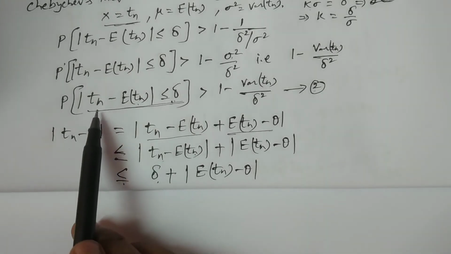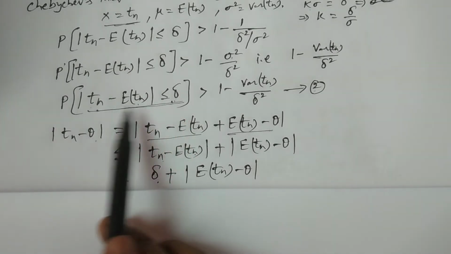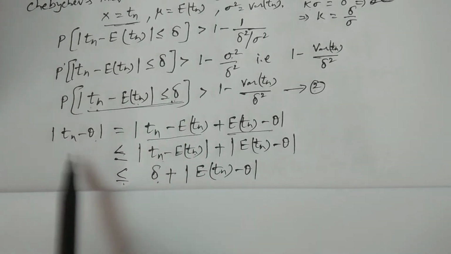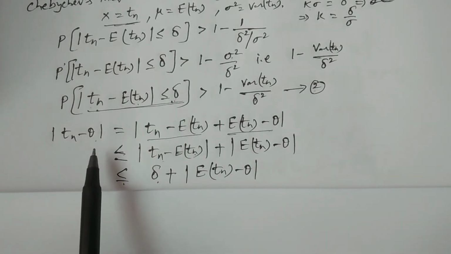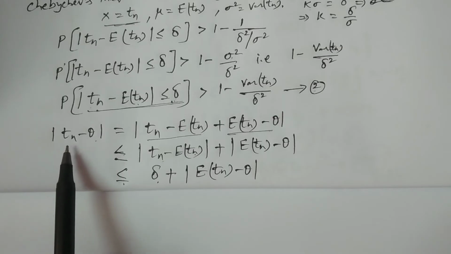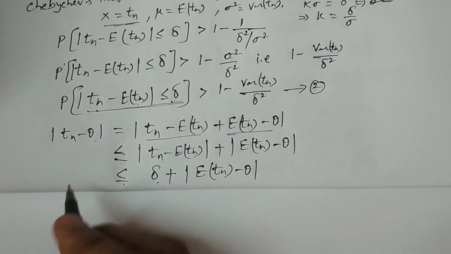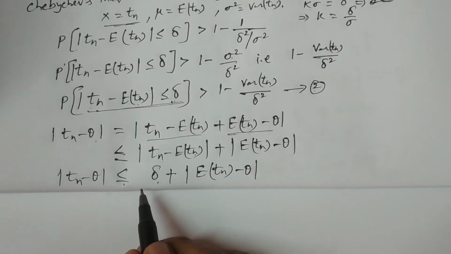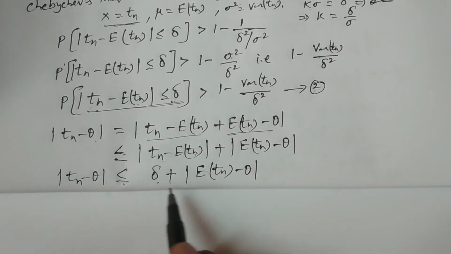Because this is the one result, |Tn − E(Tn)| ≤ delta, which is here in this particular equation. If you consider this result, |Tn − theta|, I am writing here |Tn − theta| ≤ delta + |E(Tn) − theta|.